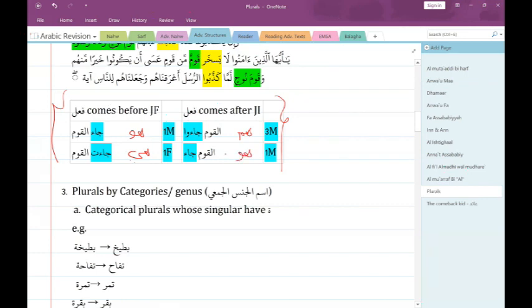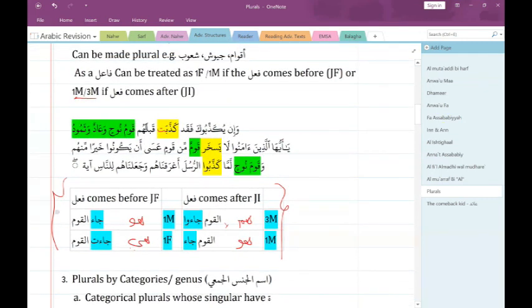For example, al-qawmu ja'u. This is the normal way of doing it in a jumla ismiya. And then you have al-qawmu ja'a, the huwa version. All right? So it's a bit tricky like that. How do we know this? Because it comes in the Quran.